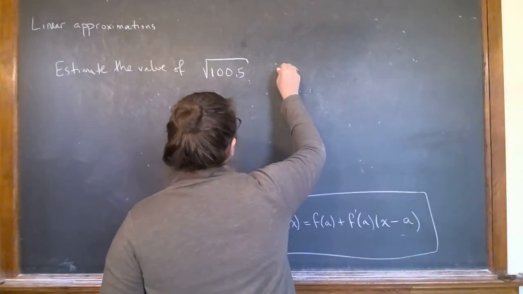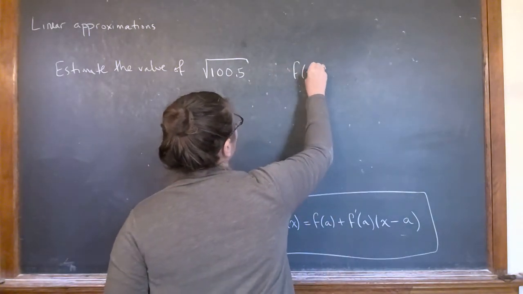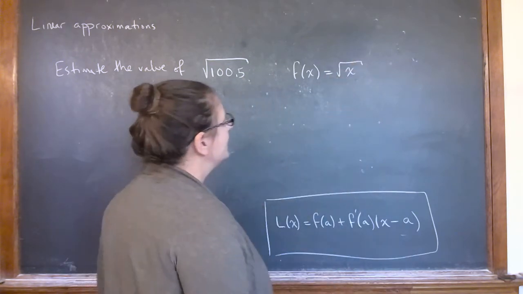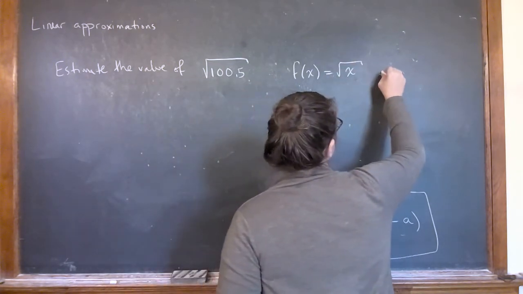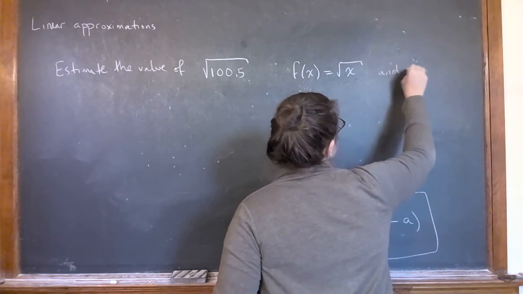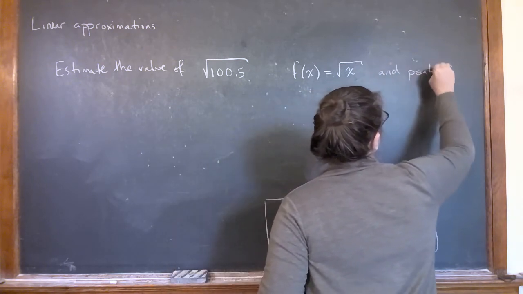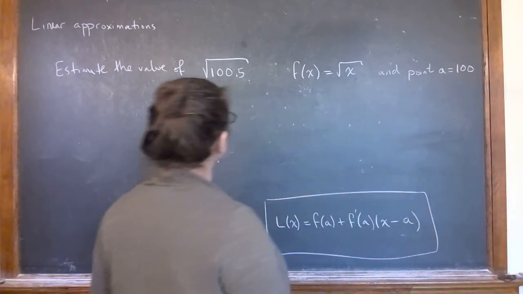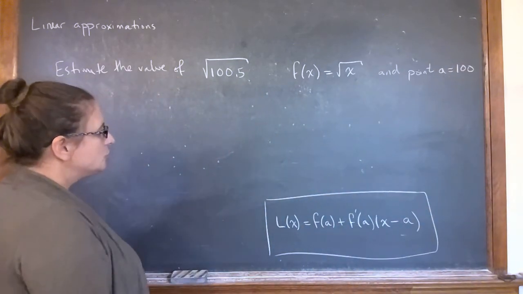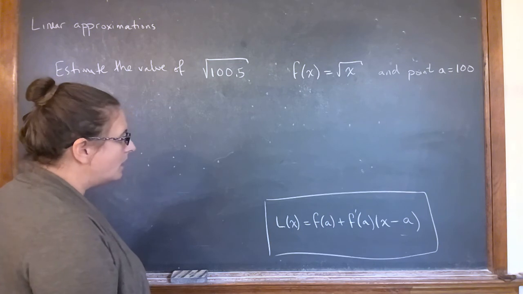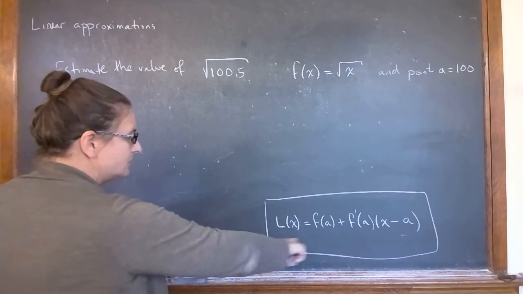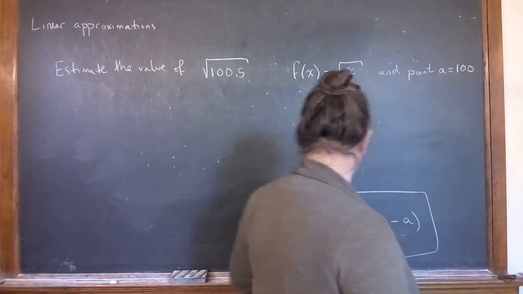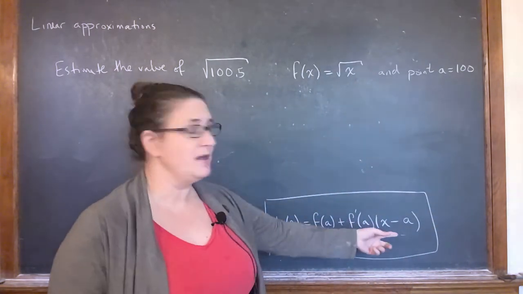So we can think about our function as being the square root of x, and consider the point a to be 100. Then we'll use the linearization around that point, and you can plug in 100.5 into your line.